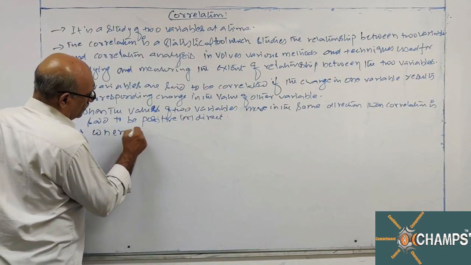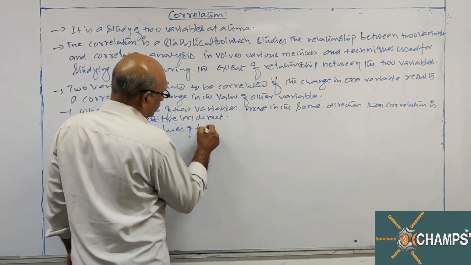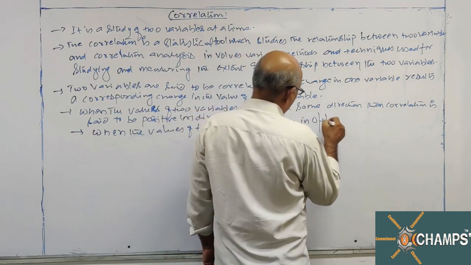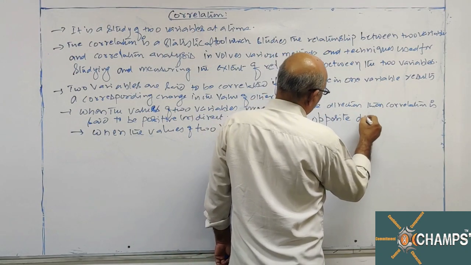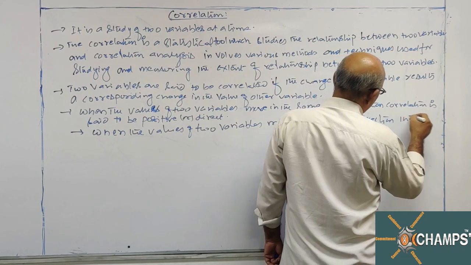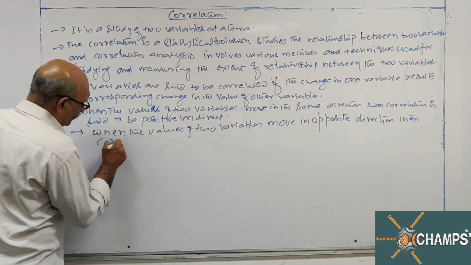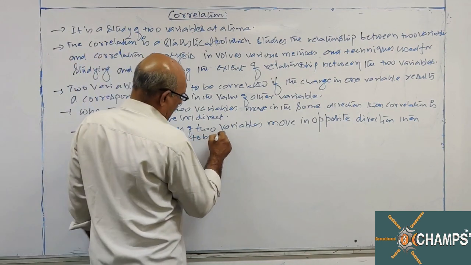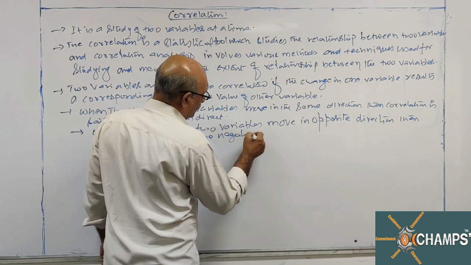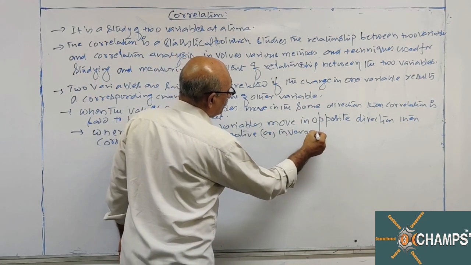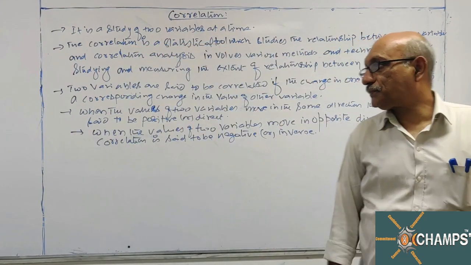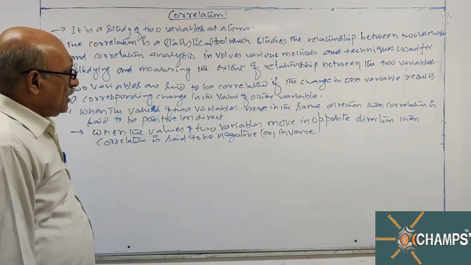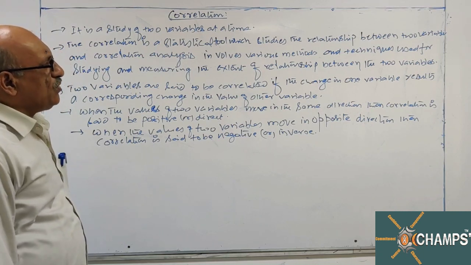When the values of two variables move in opposite direction, then correlation is said to be negative or inverse.